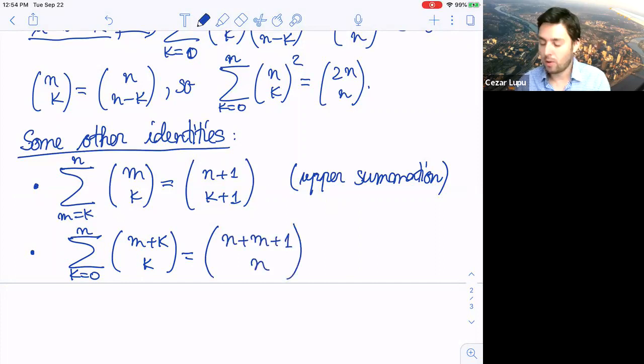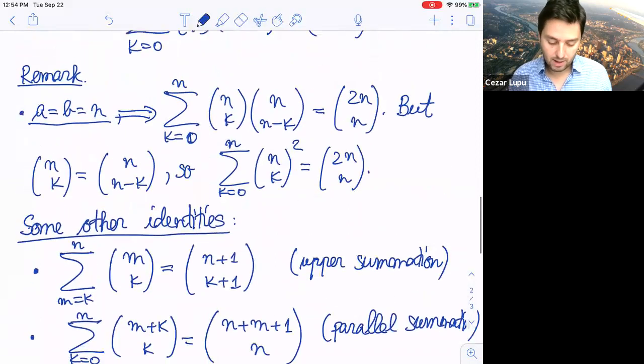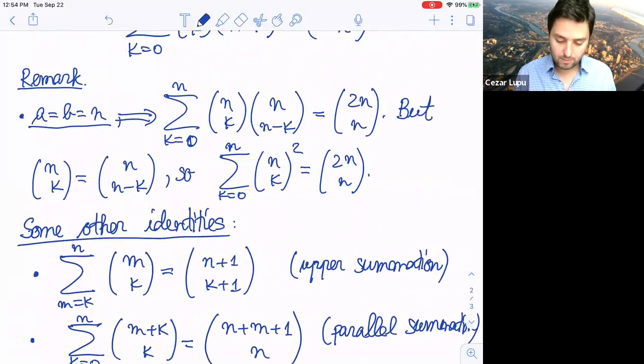And we call this parallel summation. All right, I think this sums up pretty much everything. Also important: n choose k is the same as n choose n minus k.